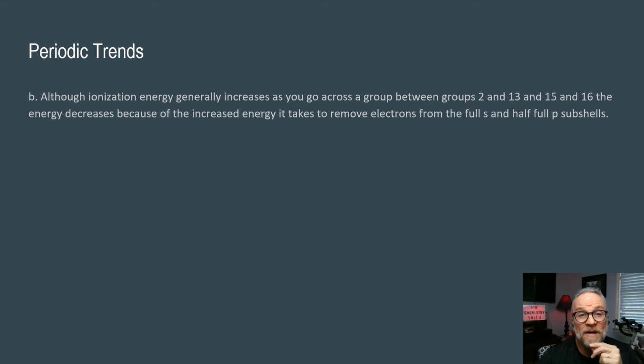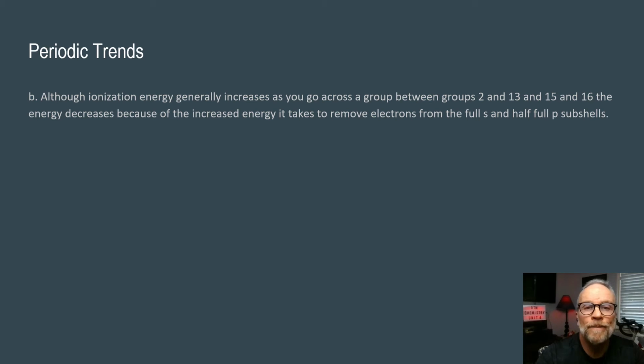Although ionization energy generally increases as you go across a period, between group 2 and 13 and 15 and 16, the energy decreases because of the increased energy it takes to remove electrons from the full S and the half full P subshell.